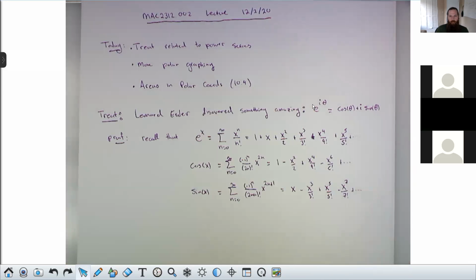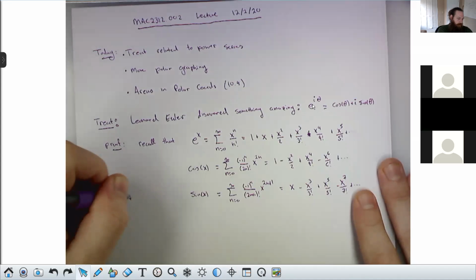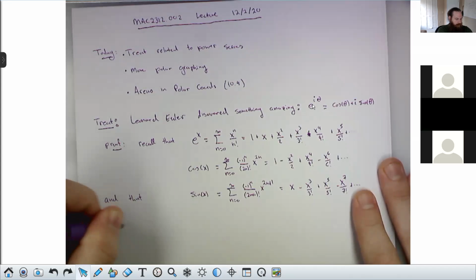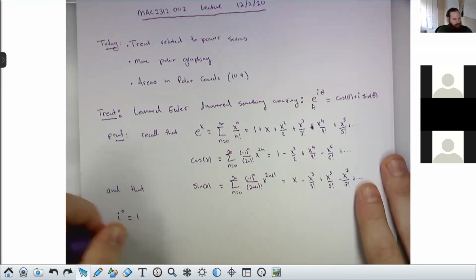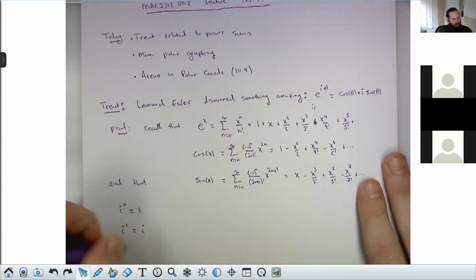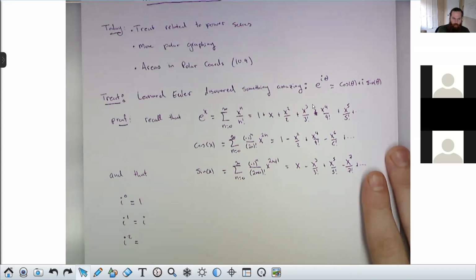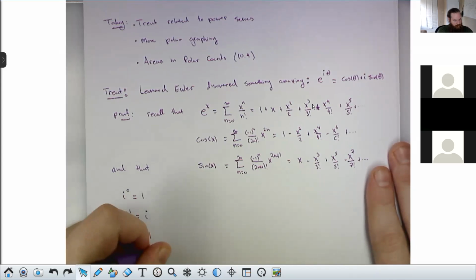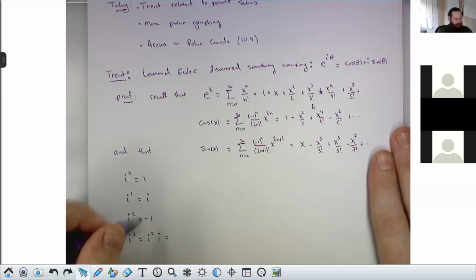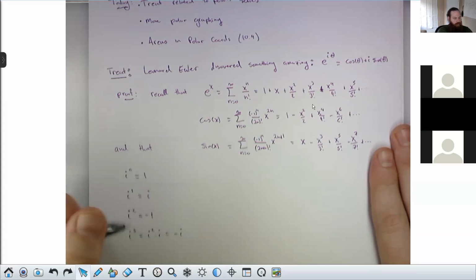The other thing we need to do is look at powers of i. So i to the 0, anything to the 0 is 1. i to the 1, well, that's just i. i squared is negative 1 because i is the square root of negative 1. i cubed is i times i squared. i squared is negative 1, so this is negative 1 times i, or just negative i.